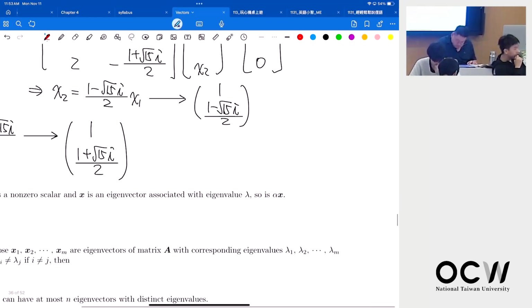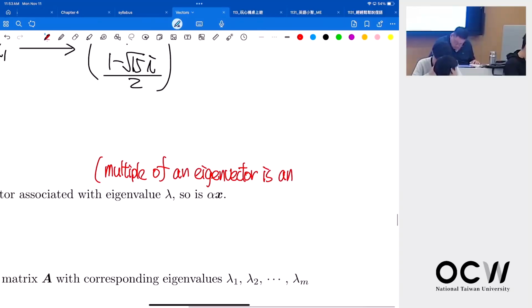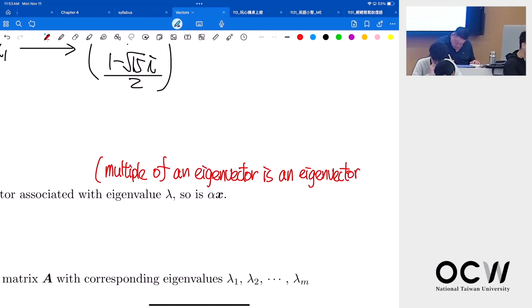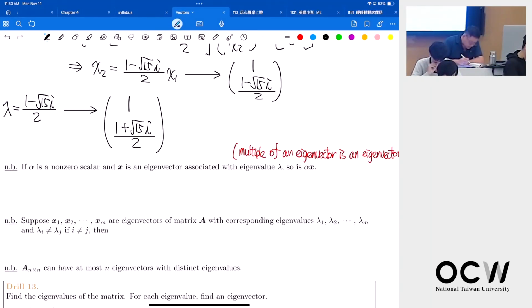So here, a multiple of an eigenvector is an eigenvector. You can see that A now applies to alpha x rather than x.